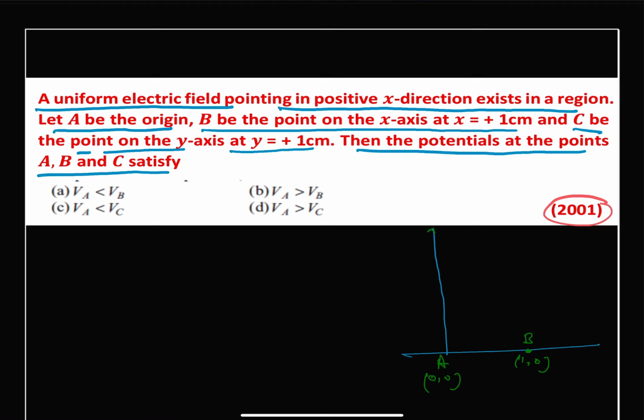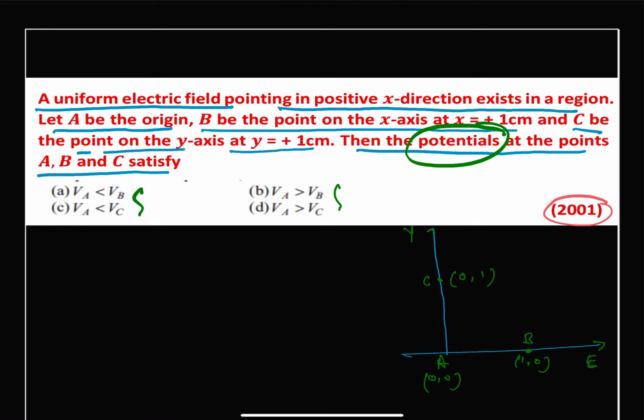And we have point C which is on y-axis, so this is point C, and coordinate will be 0, 1. And it says that the electric field is pointing in positive x direction, so the positive x-axis is the representation of the electric field, and we have to find out the potential at these 3 points, which of the condition it is satisfying.